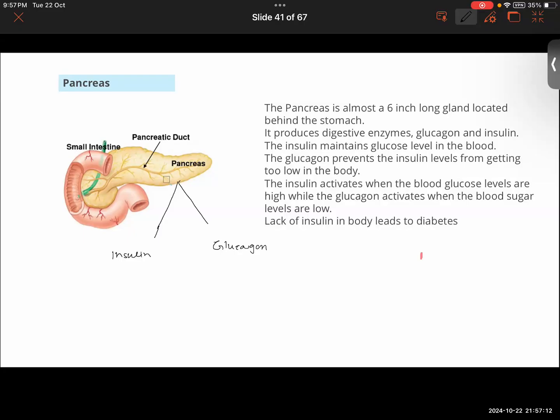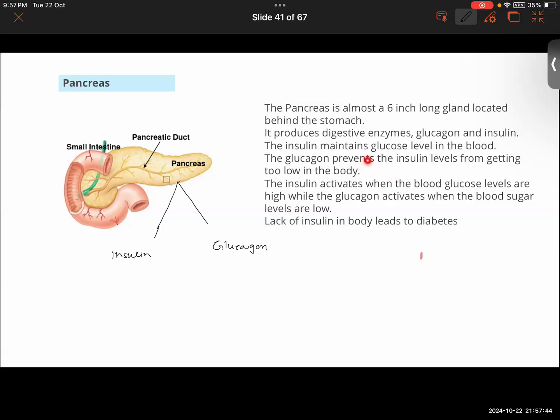Both of these hormones work together to maintain the sugar level. If the sugar level in the blood decreases, it will be problematic, so it has to be brought back to normal. Or if it increases too much, it has to be brought back to the normal level. So these two hormones work in coordination.